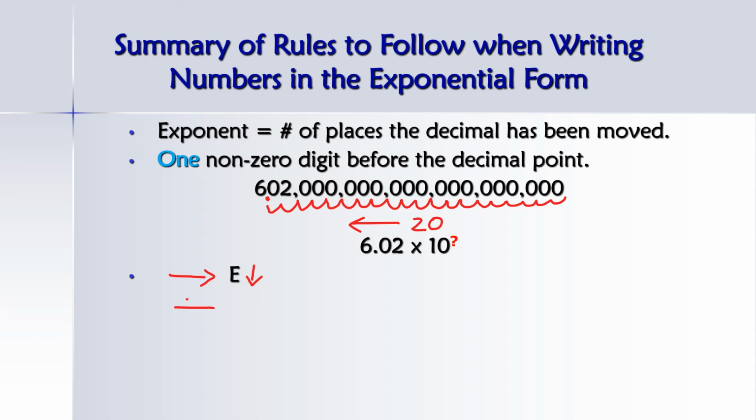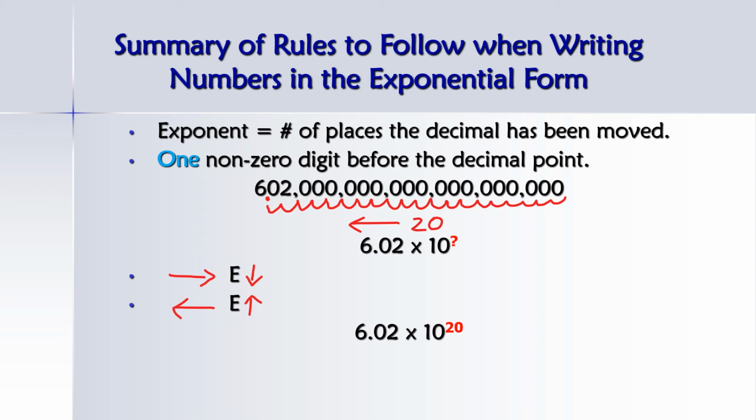But if we are moving our decimal to the left-hand side, which we are doing in this case, then the exponent is going to increase, which means in this question, starting from 0, the exponent is going to be a positive number. Once again, right side, negative exponent, and left side, positive exponent. So in this case, because we are moving it to the left, our exponent is going to be positive 20.